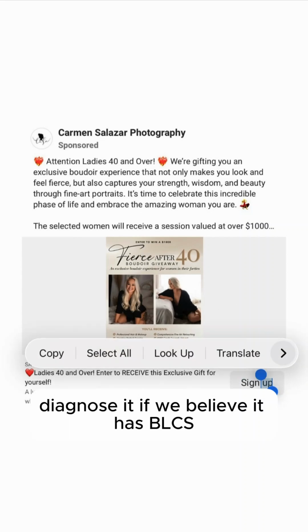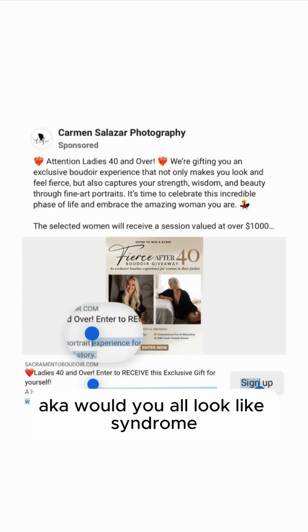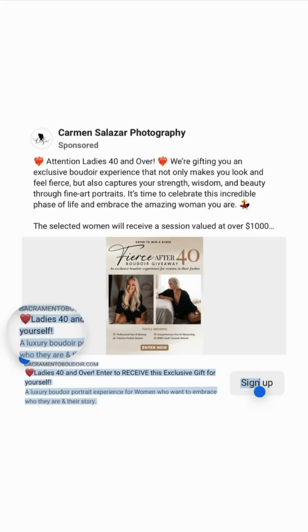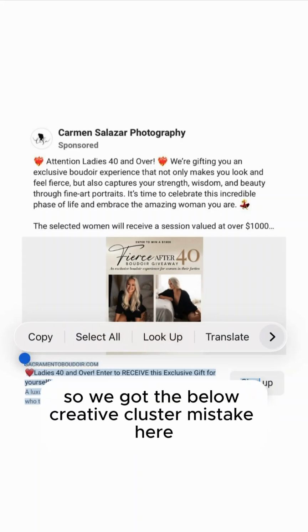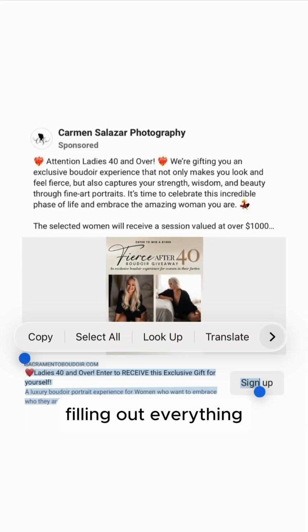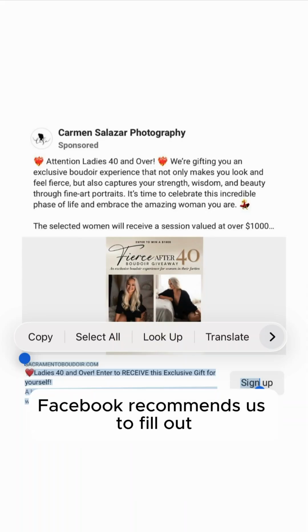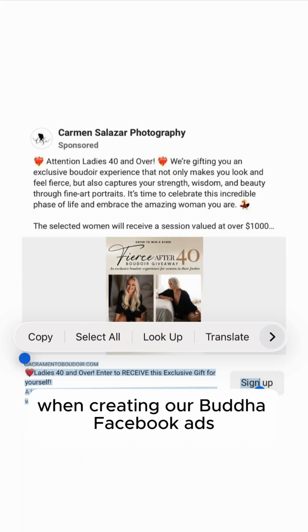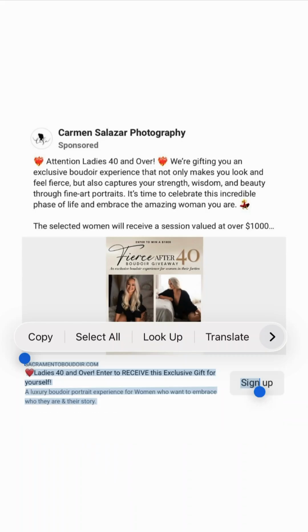So looking at this, we're actually going to diagnose it, see if we believe it has BLCS, aka boudoir low click syndrome. So I'm looking down here. We got the below creative cluster mistake here. The false belief that caused us to make this mistake is filling out everything Facebook recommends us to fill out when creating our boudoir Facebook ads.